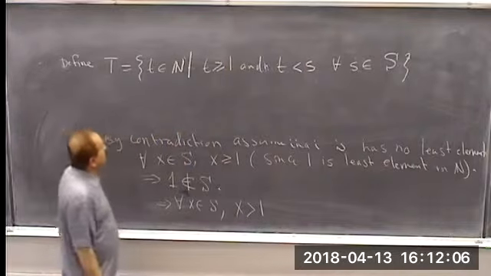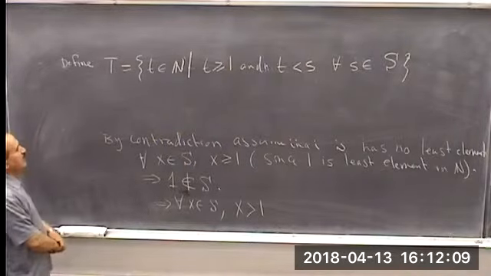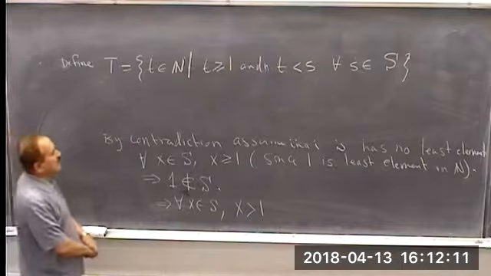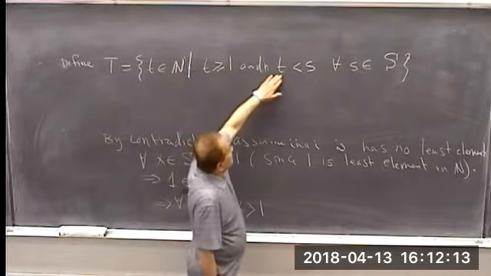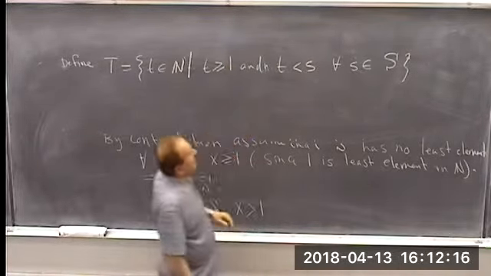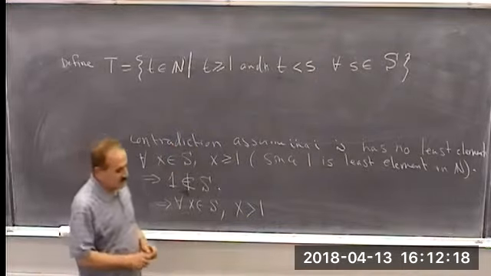So the elements of T are natural numbers bigger than or equal to 1, any natural number as far as t is smaller than all the elements in S.